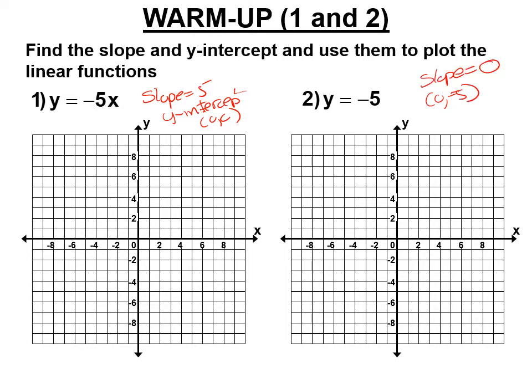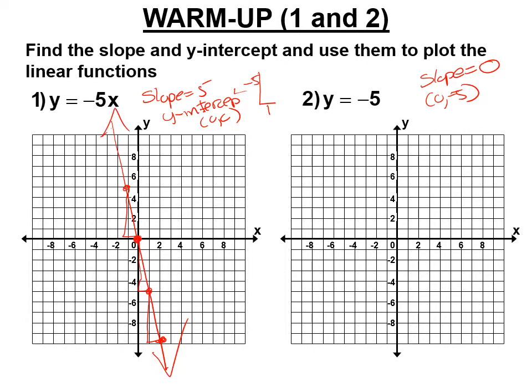So y equals -5x starts at (0, 0) and goes, what does a slope of -5 look like? Down 5 over 1, down 5 over 1, down 5 over 1, and you can do some backwards, and that is y equals -5x. And that looks like that.